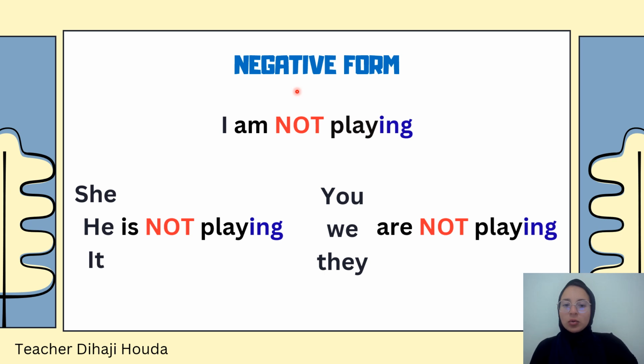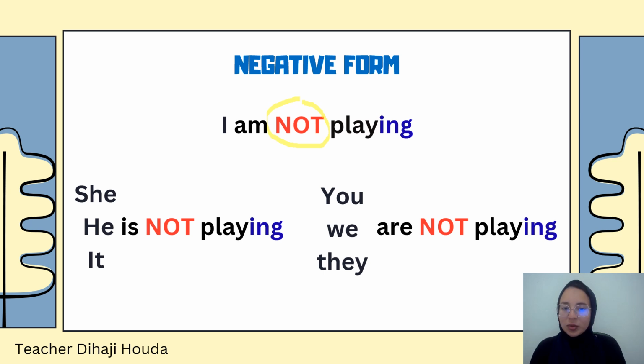So what about the negative form? How can we use the present continuous with the negative form? As you can see in the following example, we have I am not playing, okay? So we have the same sentence structure: subject, verb to be, verb plus ing, and then we have what? We have, of course, not, which expresses the negative form.